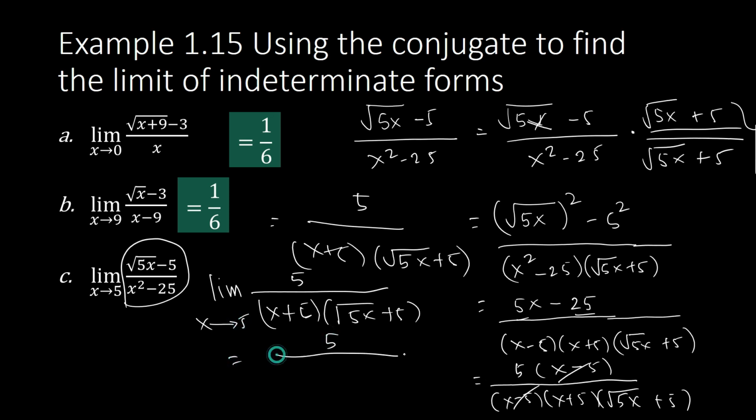So 5 plus 5 is 10, times, this one is 5 times 5, that's 5 squared, and the square root of 25 is 5. And so 5 divided by 10 is 1/2. And so what we have here is 1 over 2 times 10, which is 20.